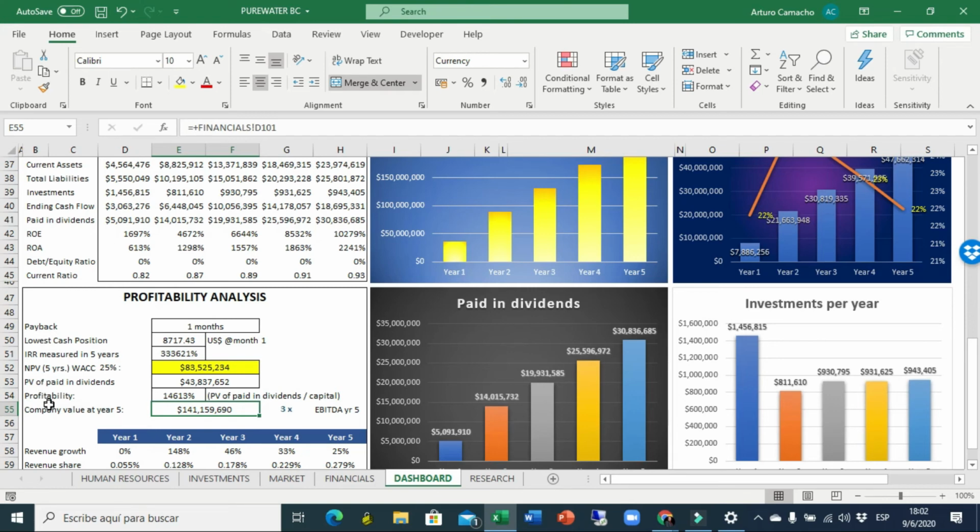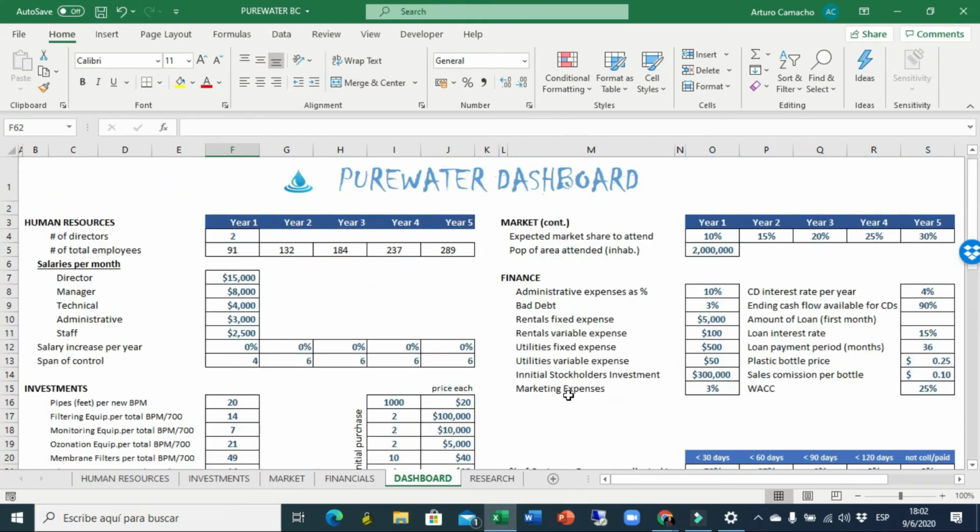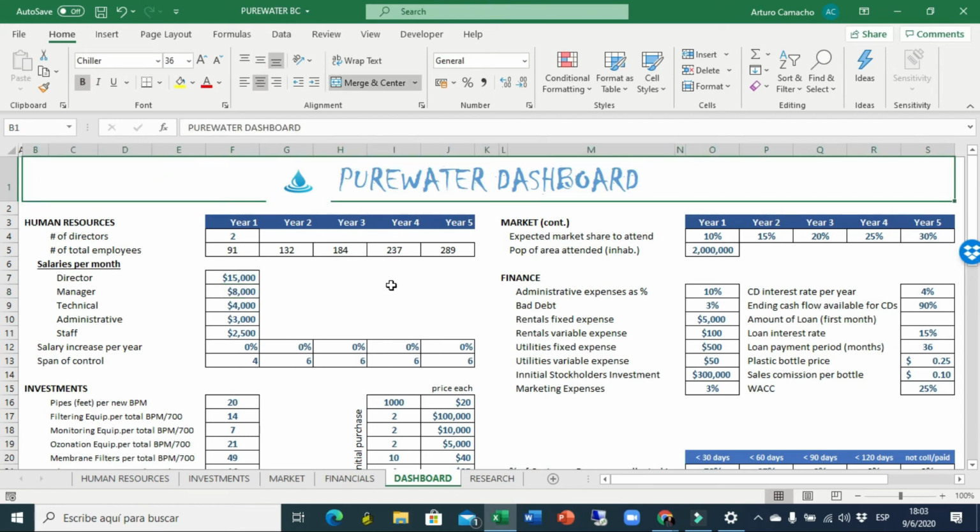by the year 5. So as you see, dashboard is a great way to understand the company, to see how much each of the assumptions could affect the results, what assumptions are important to take into account, and that is what we need to know for our next chapter.